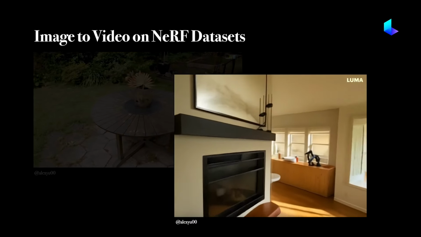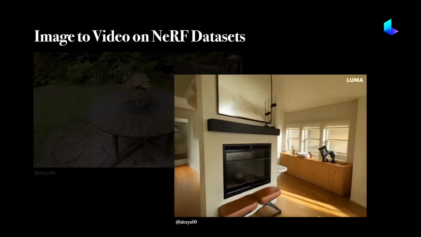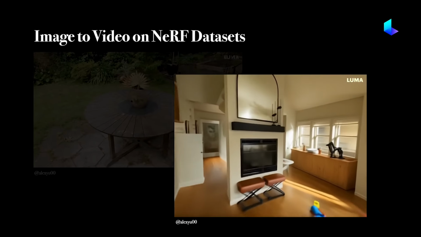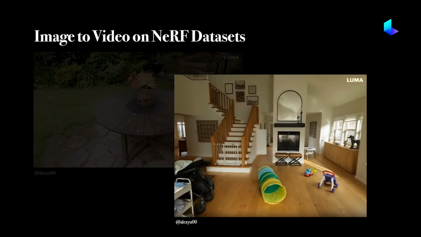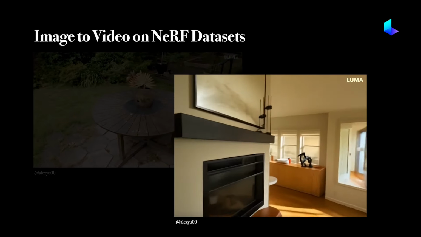So that's another interesting physical property that appeared in this traditional NeRF theme. Again, this is only one image, compared to the traditional NeRF sense, where you have to take hundreds of images with almost perfect accuracy.